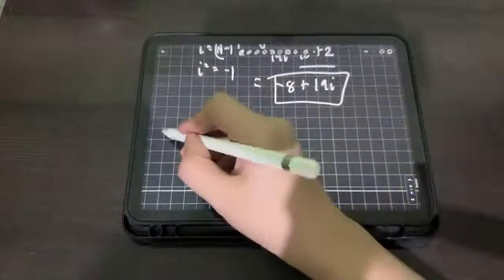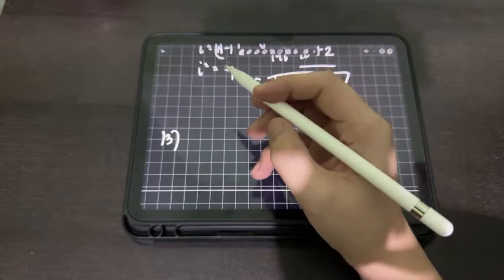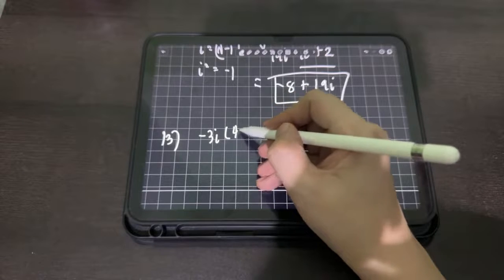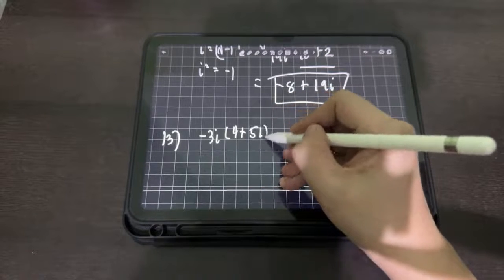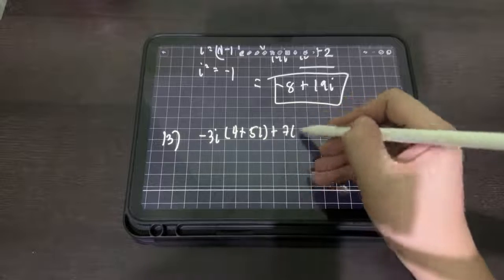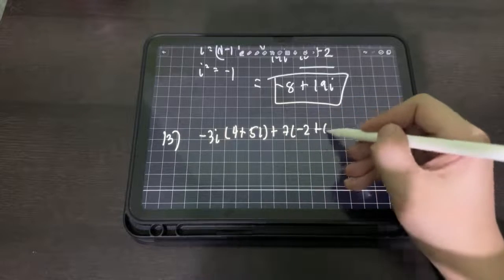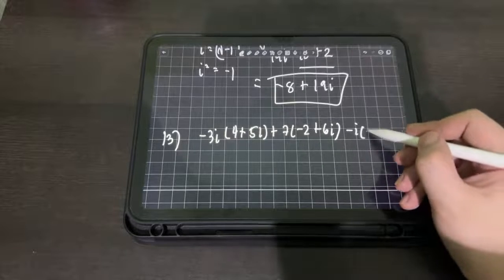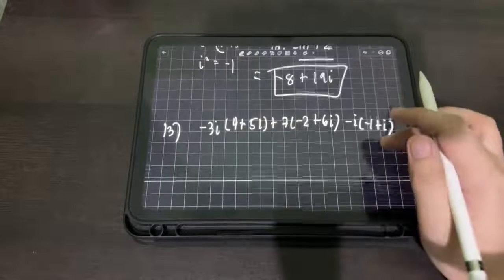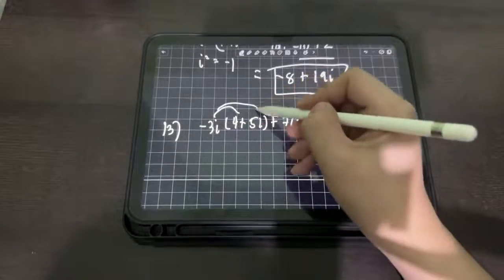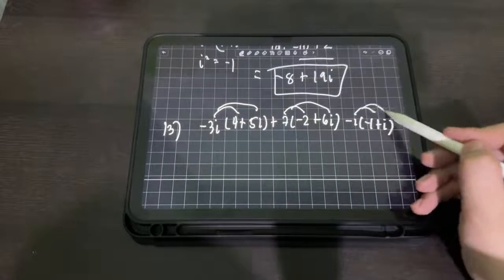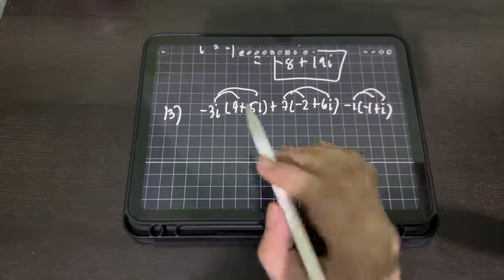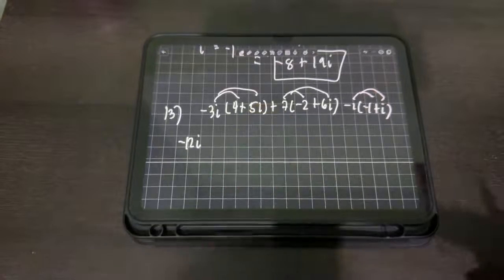Okay, 12, 13. For 13, what if negative 3i times 4 plus 5i plus 7 times negative 2 plus 6i minus i times negative 1 plus i. We can multiply first, distribute. So negative 3i times 4, that's negative 12i.